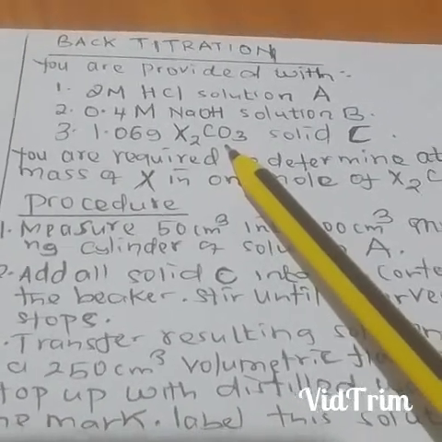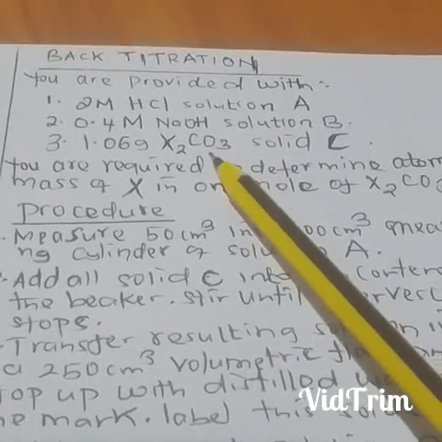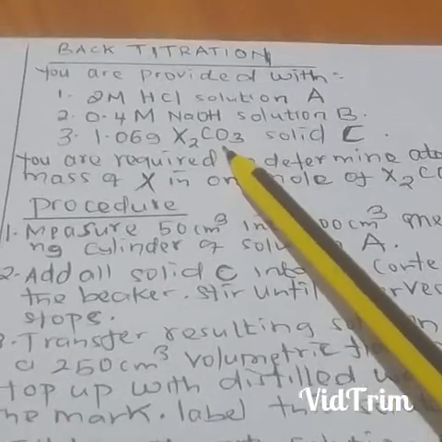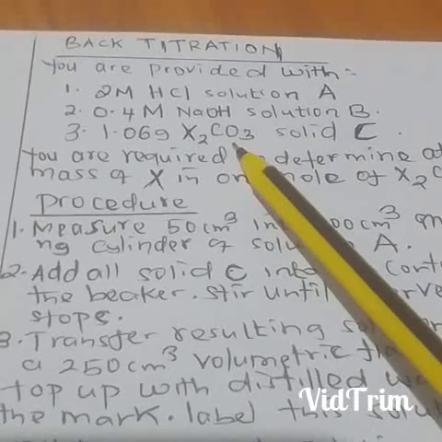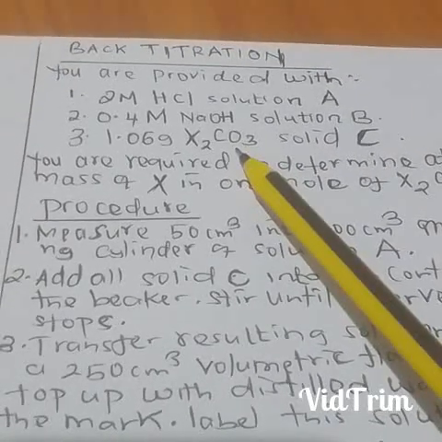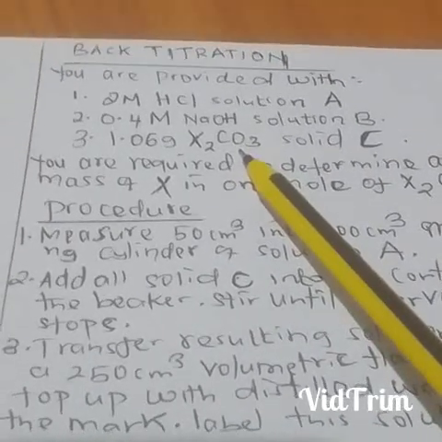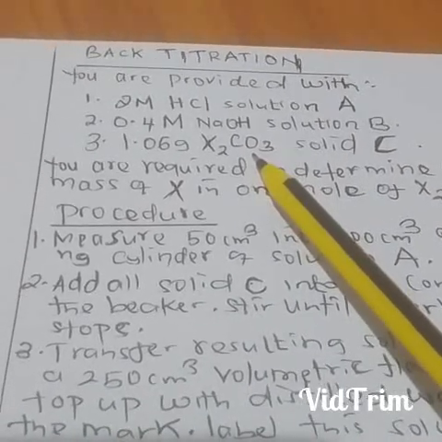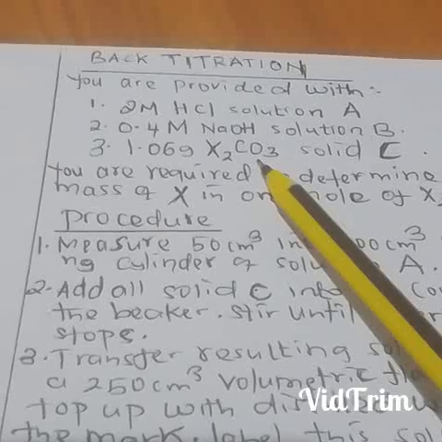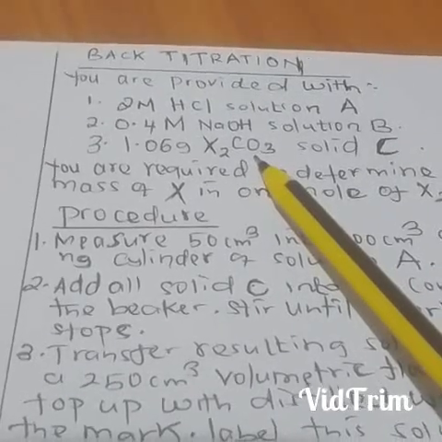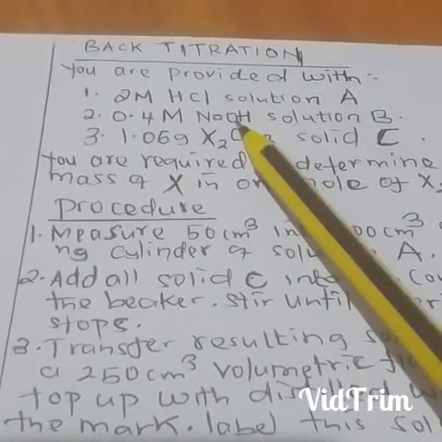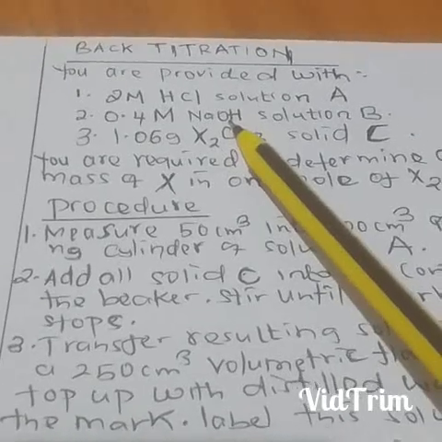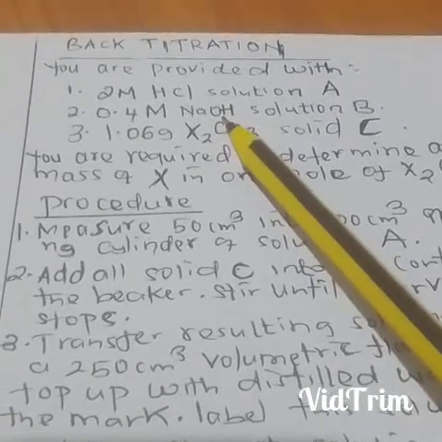So at the end, you have realized that when it comes to back titration, my student, we have 3 reagents: the acid, the base, and the carbonate. But remember, the acid is always in excess. Why? Because first of all, it will react with the carbonate, then the remaining amount is the one that reacts with the base.